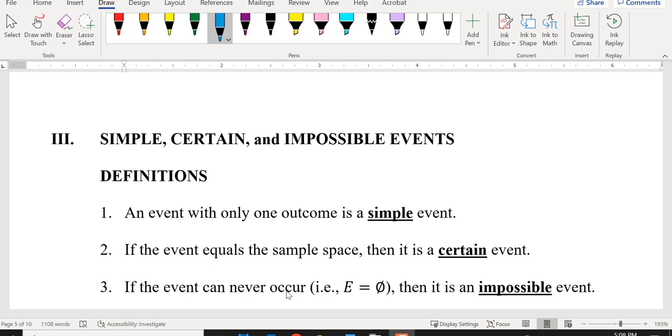If the event can never occur, in other words, the event is the empty set, then we say that event is impossible.